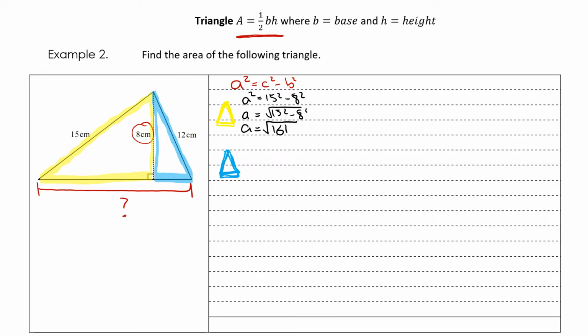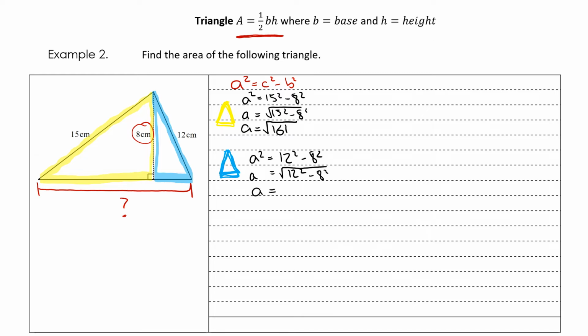The blue triangle is going to be a squared equals 12 squared minus 8 squared. Oh, hang on. A equals the square root of 12 squared minus 8 squared.